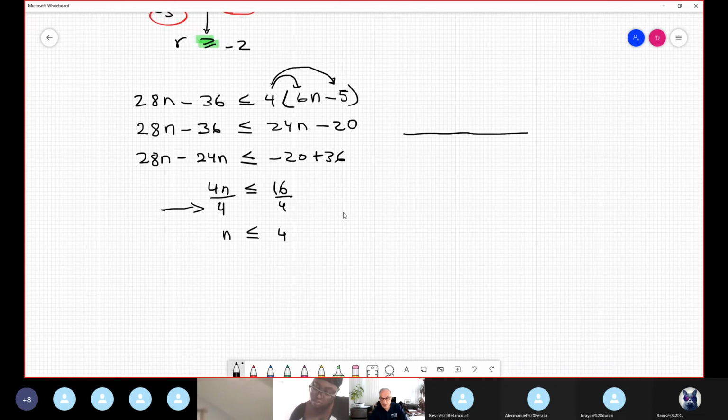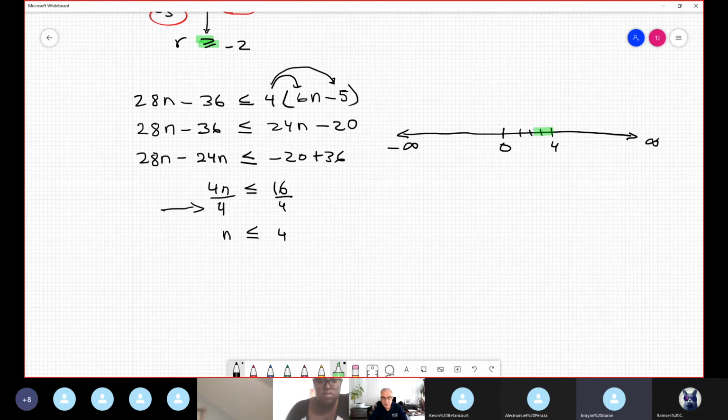Okay, let me try to write the final answer. This is 0, and this is positive 4. 1, 2, 3, 4 here. And this is to the left or to the right? I highlight left.